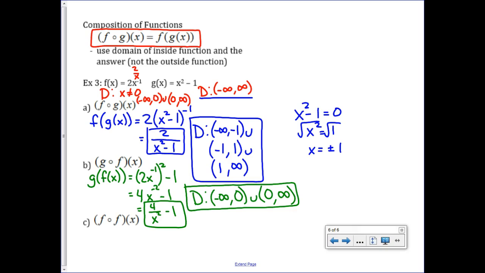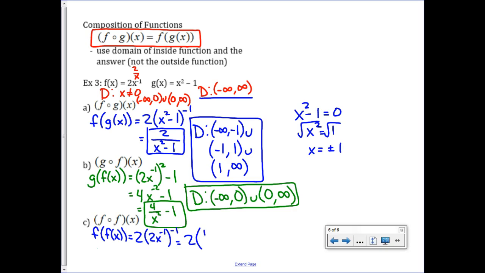And then f of f of x. So I'm going to start with f of x, and anywhere I see an x, I'm going to replace it with f of x. So I have 2, and then x to the negative 1, I'm going to write 2x to the negative 1 to the negative 1. So I'm going to take care of distributing that negative 1 in. So I have 2 times 2 to the negative 1.